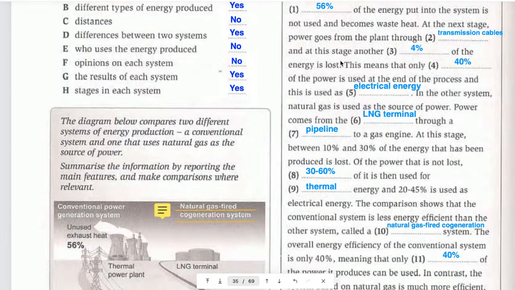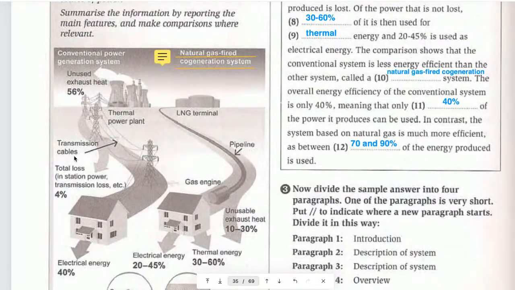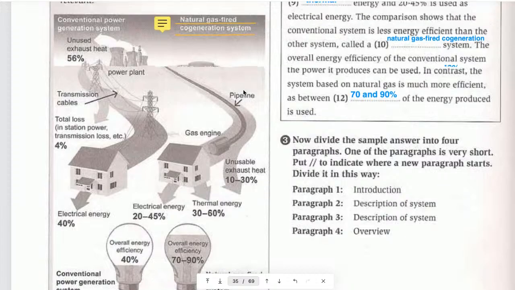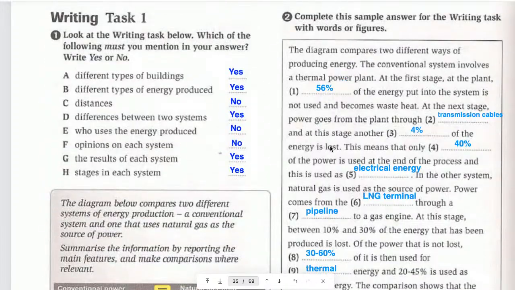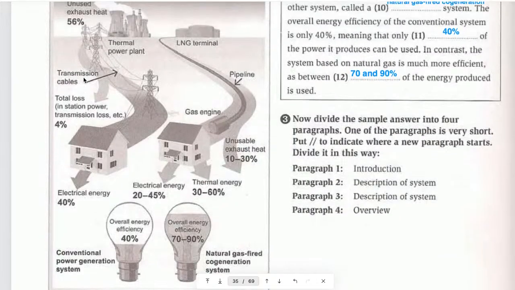You can see from the pictures, right? And at this stage, another 4% of the energy is lost. Where is that 4%? Where can you find information for that one? Why do you know that at that stage, another 4% of energy is lost? Where is that? Yes.